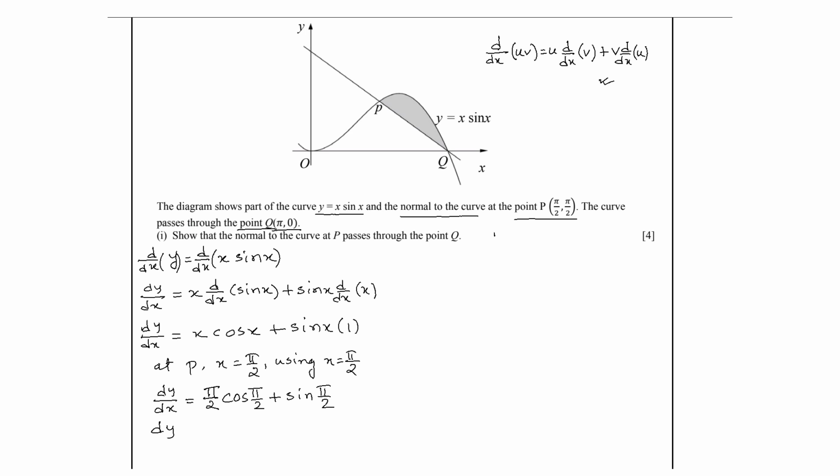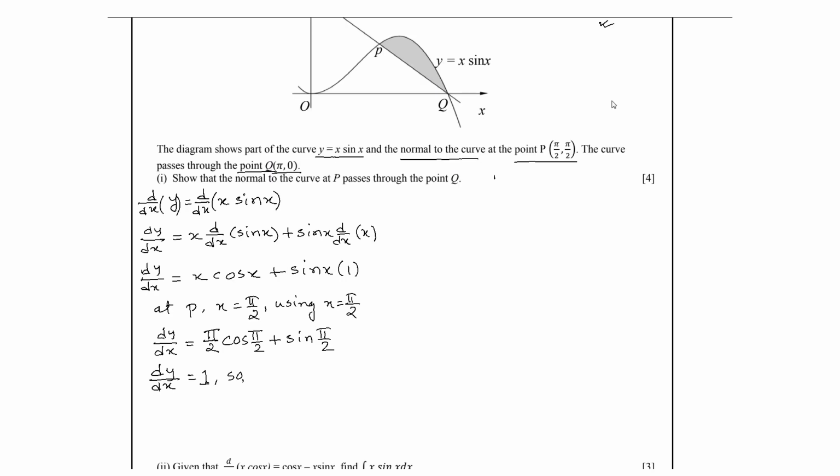So, cos pi by 2 is 0 and sine pi by 2 is 1. So, dy over dx is 1. So, we can say the gradient of the tangent at P is 1. Therefore, the gradient of the normal at P is minus 1.